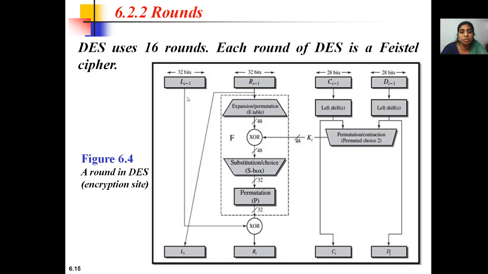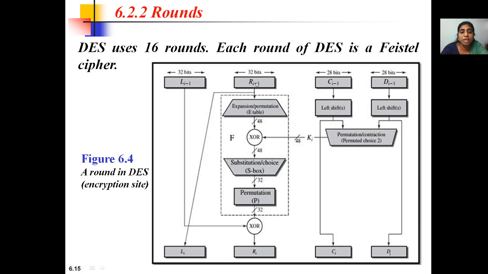Then we are going to take the output value from that round function and XOR it with the left 32 bits. And we are going to take those values as the next round's right bit values, and directly the right bit values become the left bit values.